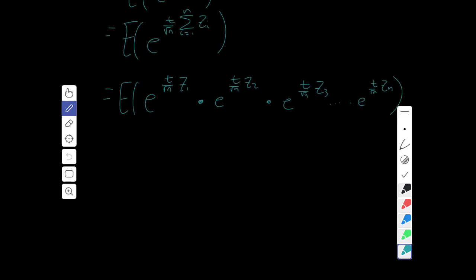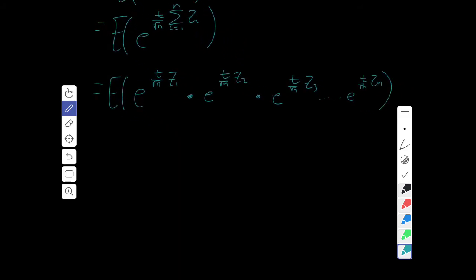Okay, so now we had the assumption in the central limit statement that X1, X2, up to Xn were independent, right?